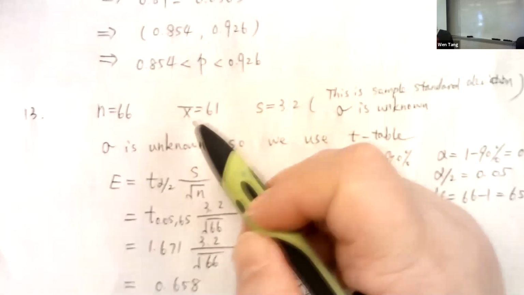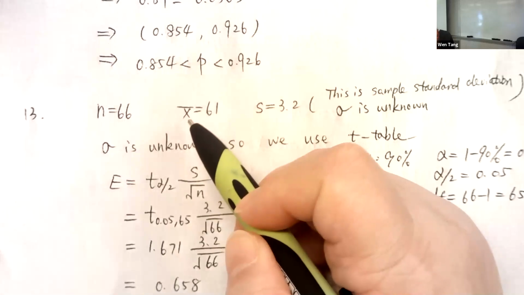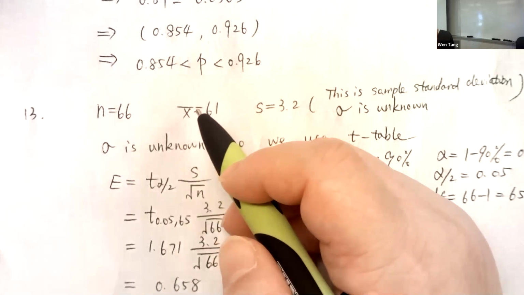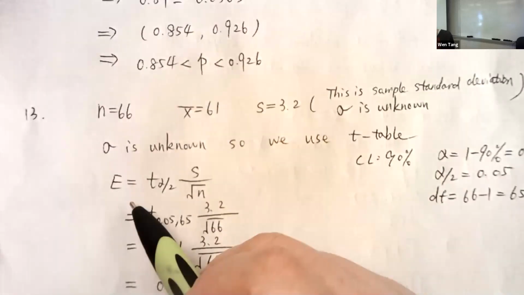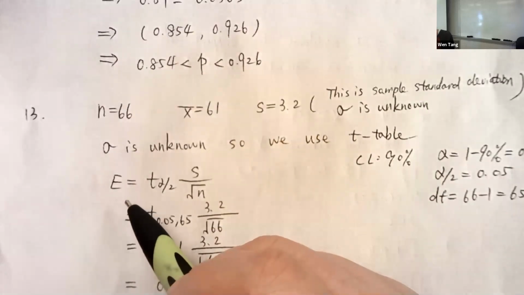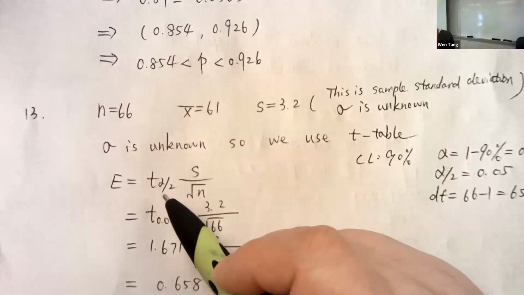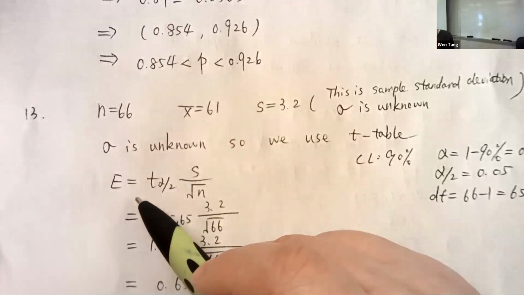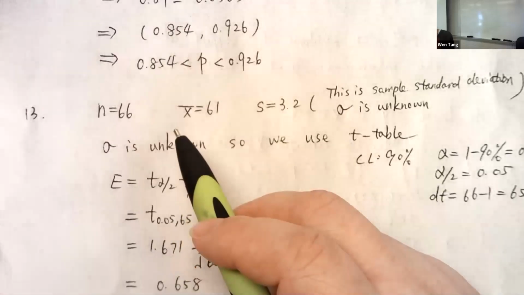Okay, so first we know this X bar is the sample mean, so that's the point estimate, right? So we only need to figure out what is the margin of error E. This is the correct formula for the margin of error when we do the confidence interval for the mean value.